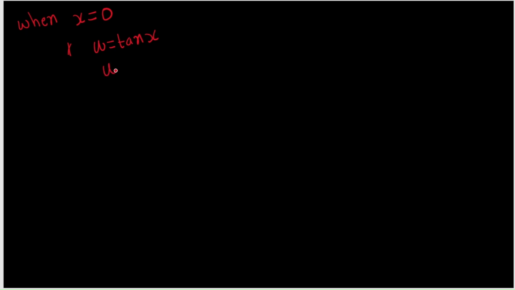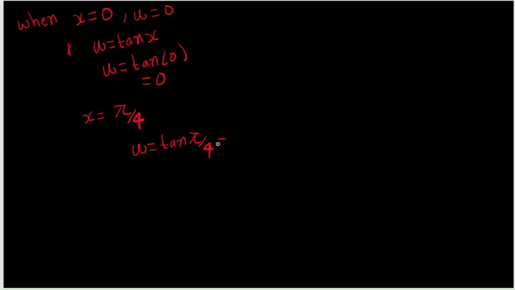Simply substitute: u is equal to tan 0, and we know that tan 0 is 0. So when x is equal to 0, u is equal to 0, and when x is pi by 4, u is equal to tan pi by 4, which is equal to 1. So when x is pi by 4, u is equal to 1.